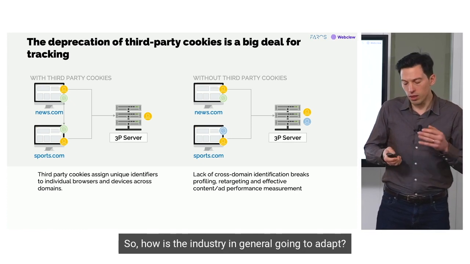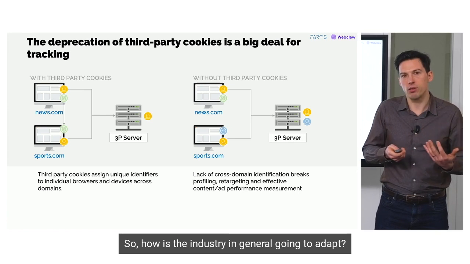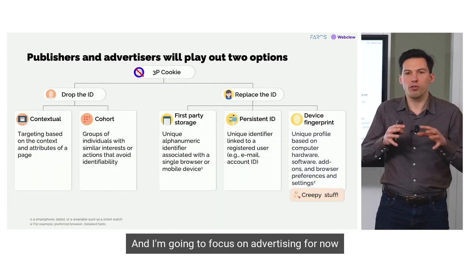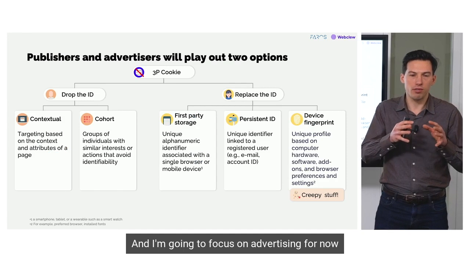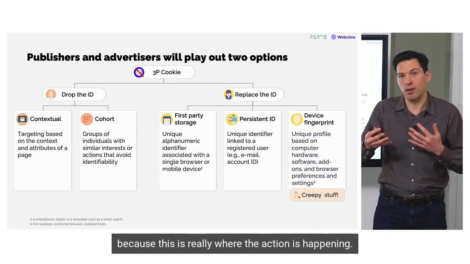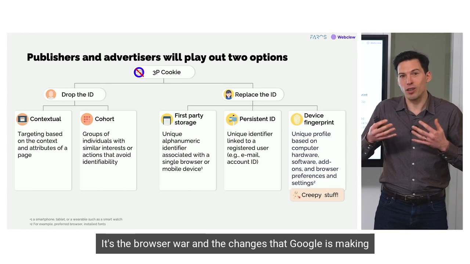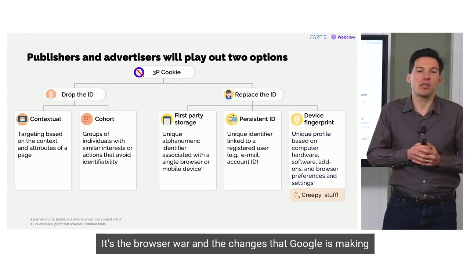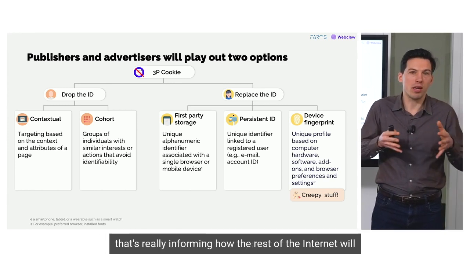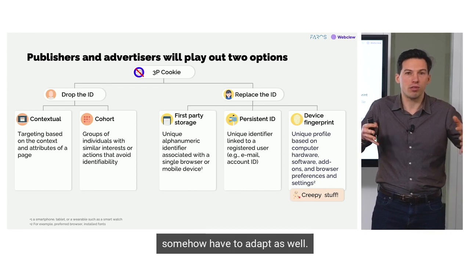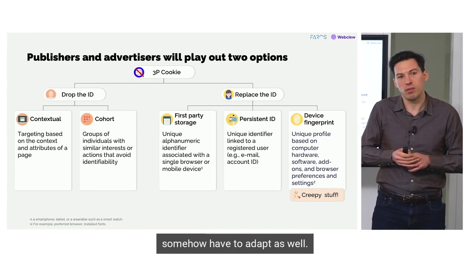So how is the industry in general going to adapt? And I'm going to focus on advertising for now because this is really where the action is happening. It's the browser war and the changes that Google is making that's really informing how the rest of the internet will somehow have to adapt as well.